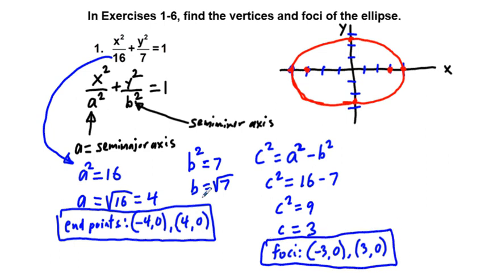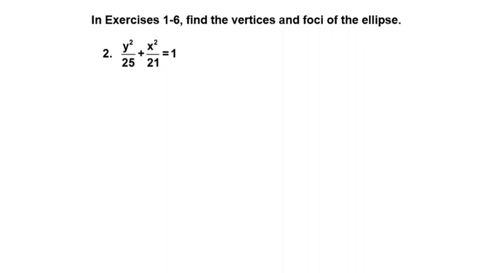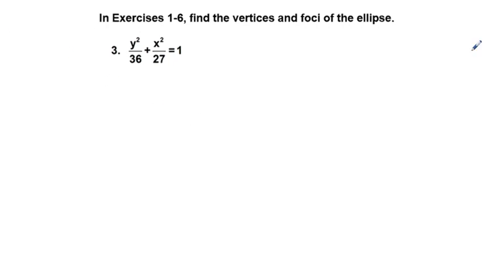Next on our list is problem 3. This time, our major axis is related to the y. So we say a squared equals 36, therefore a is equal to 6.